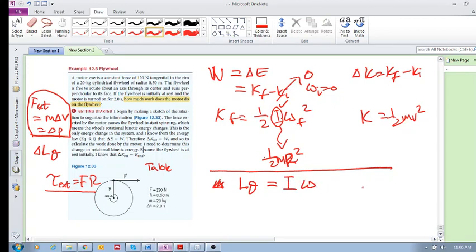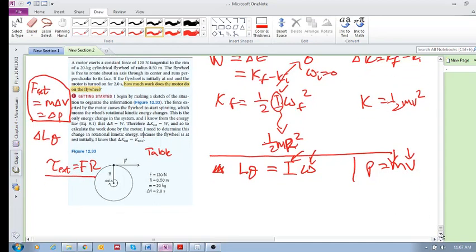Remember, the linear equivalent is P is mv. So here's your rotational inertia, there's your rotational velocity, there's your inertia, and there's your velocity. Whenever you get confused, just remember what you know in terms of linear motion, and then you can figure out the rotational equivalent.